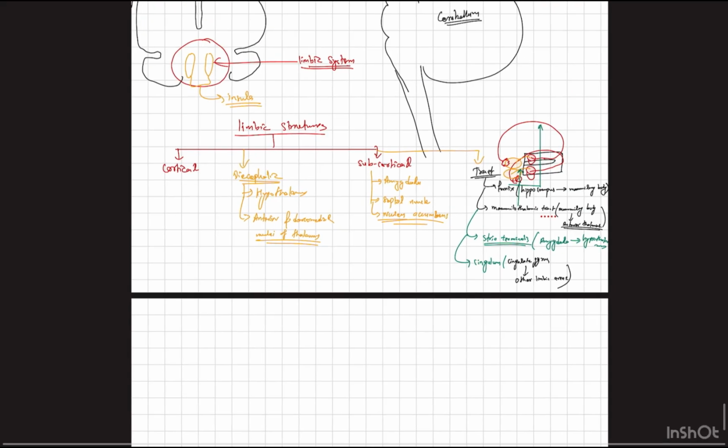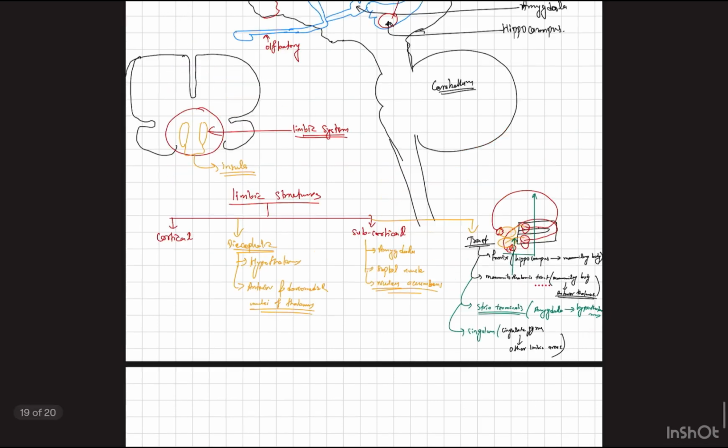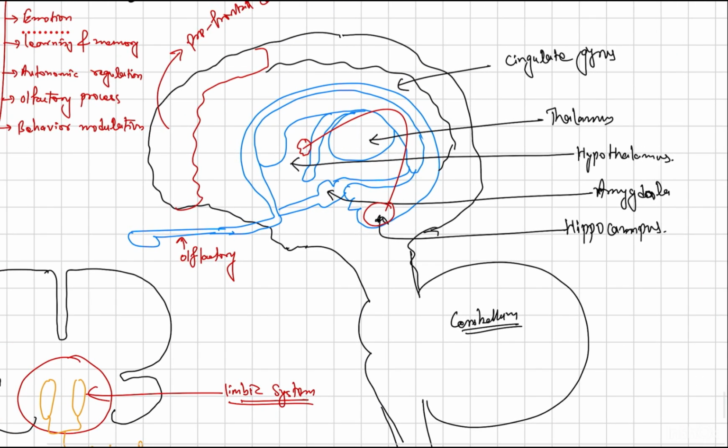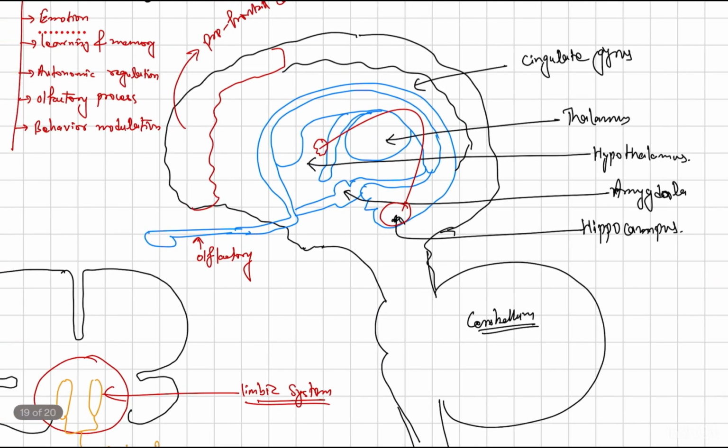Now we are moving on, like we also saw this is a cingulate gyrus. This region is the cingulate gyrus, and it connects mainly to other areas.